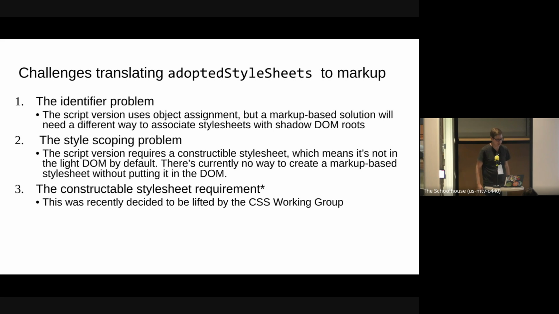And then there's also the issue that I call the style scoping problem, which is what I mentioned. There's no good way in markup today to define a bunch of styles in a style sheet and not apply them to the main document. And then the third one is the constructible style sheet requirements. The current adopted style sheets API says you must use an adopted or a constructible style sheet. And so you can't point it to a style sheet from a link rel or a style tag.